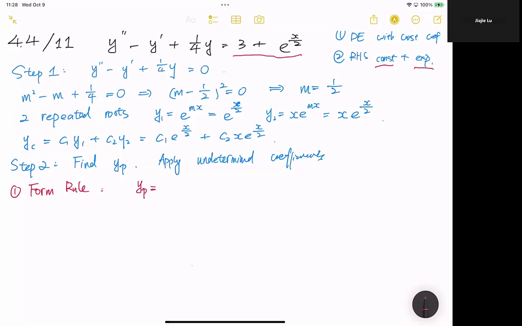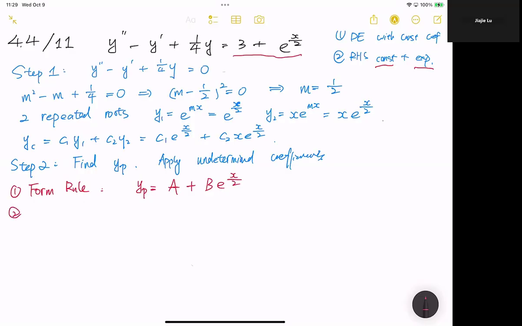And for constant function, the expression from the table is nothing but the arbitrary constant a. And then for the exponential part, it's just the multiplication between arbitrary constant and the exponential part itself. So it's b times e to x over 2.